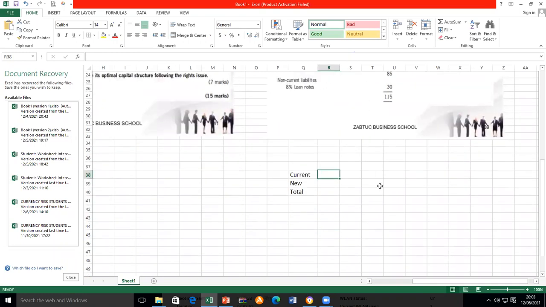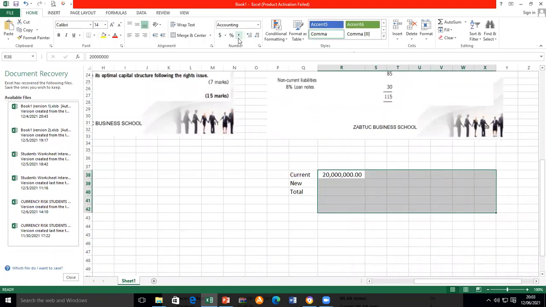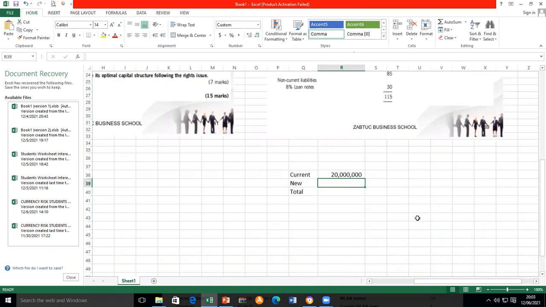That gives you 20. How many new shares are going to be issued? That divided by 5. So that's the number of shares that we have.